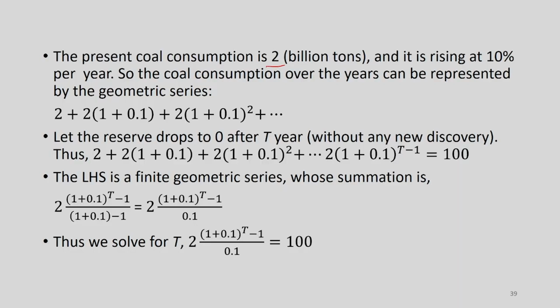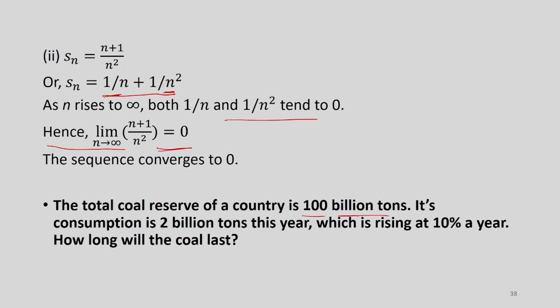So, the coal consumption over the years can be represented by a geometric series given by the following: 2 in this year, in the next year it will be 2 plus 0.1 multiplied by 2, because it is rising at 10%, right, 10% a year.